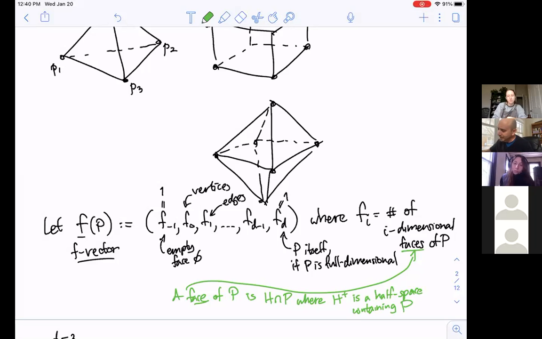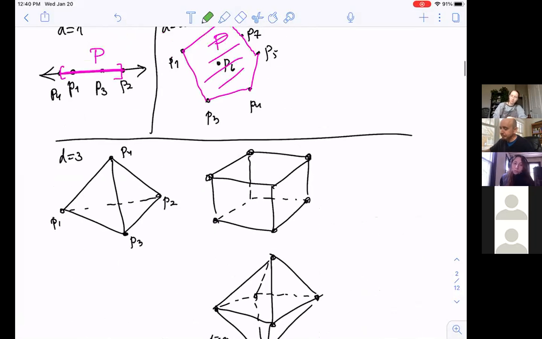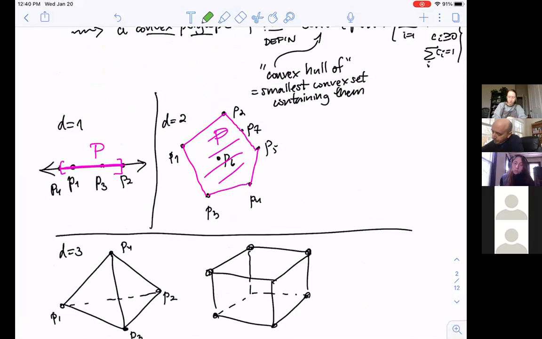Okay, let me draw you a picture. Let's go back up here. Here is a hyperplane H. A hyperplane is a codimension 1 affine linear subspace. It's not a subspace that goes through the origin, but it's a translate of a subspace that goes through the origin. I didn't even draw where the origin was in this picture, okay? And on this side of H is H plus. H plus is everything over here that I've shaded in green. I didn't shade all of it, but it's all this stuff over here.